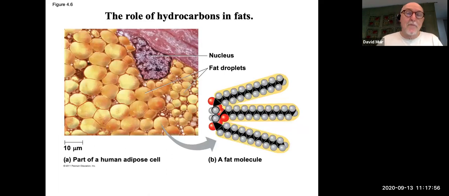So here's one. This is a fat. Fats are large molecules, and they tend to solidify at quite low temperatures. Very often at room temperature, a fat will solidify. You don't need to worry over much about the structure, but just have a look here. These black triangles are carbon atoms.